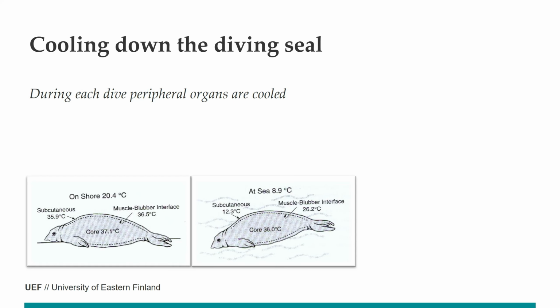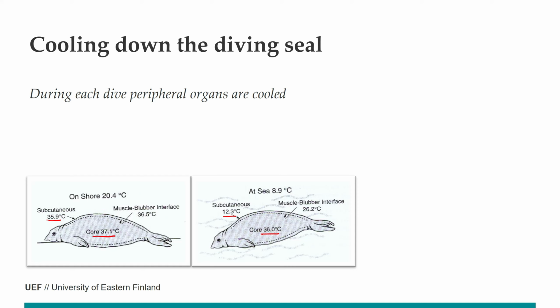So first of all, during the dive, we can see that the body temperature at the surface is lower. The core temperature is also reduced, but it's reduced much less.